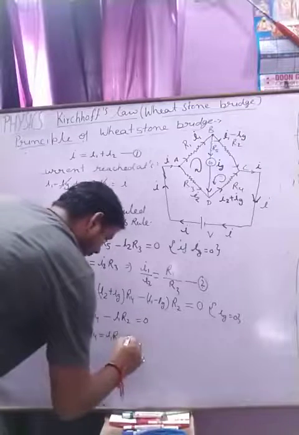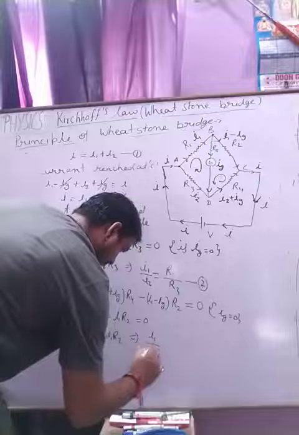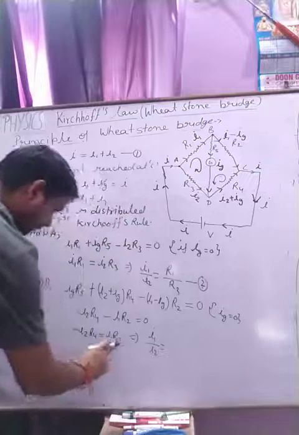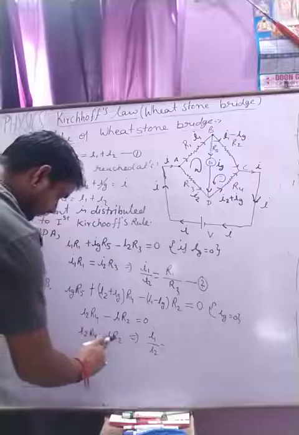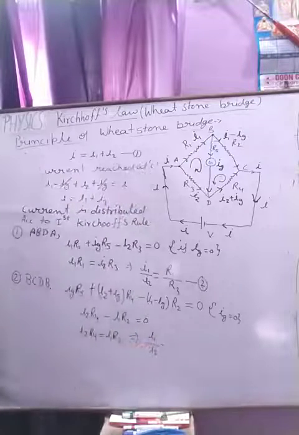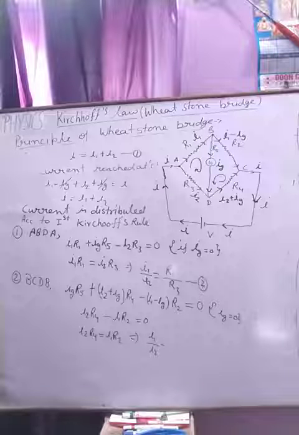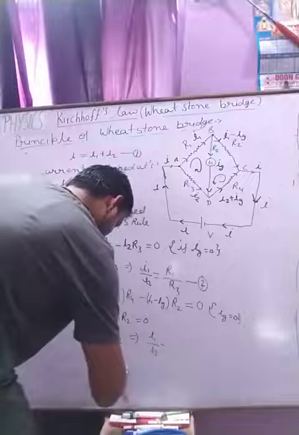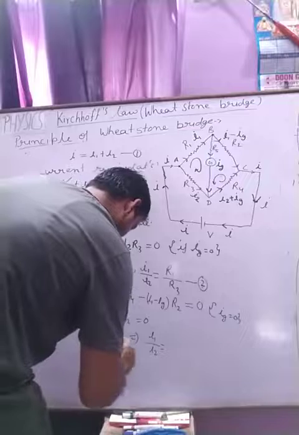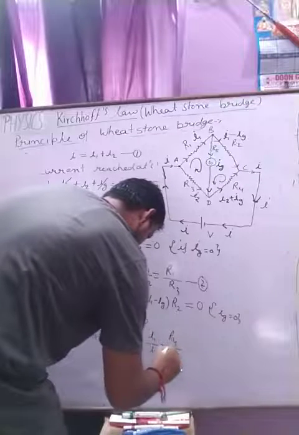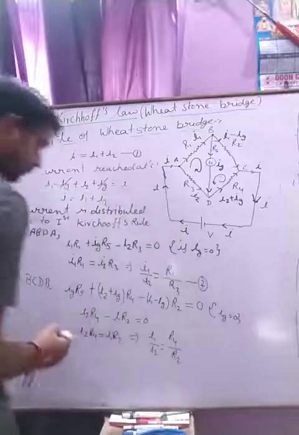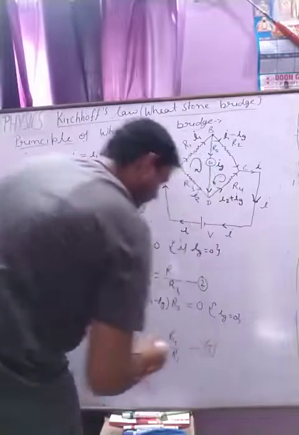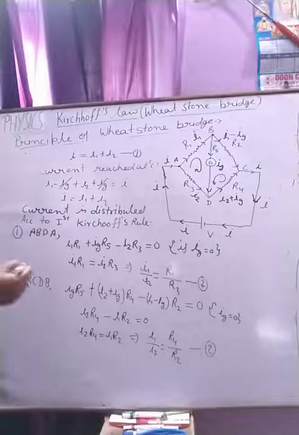Now by solving it we get I1 upon I2 equal to R4 upon R2. This is equation third.